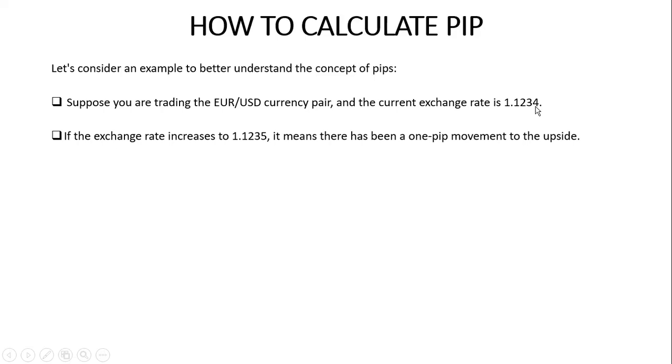So you see that the last decimal number in the exchange rate changed from 4 to 5. So it means that it has increased by 0.0001, which represents 1 PIP movement to the upside.